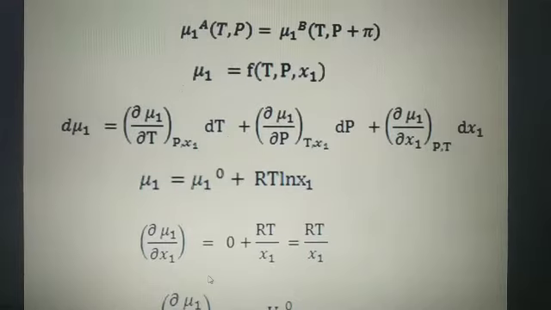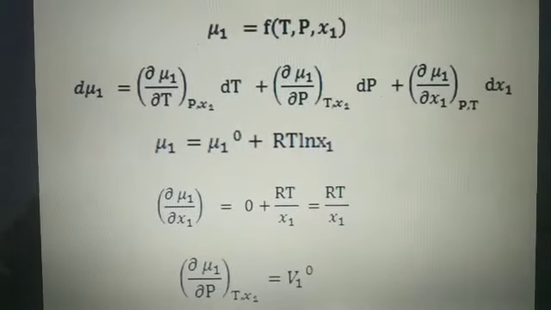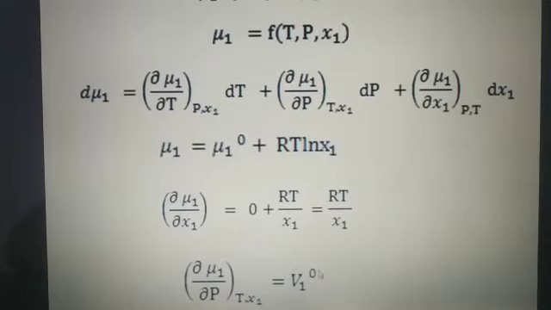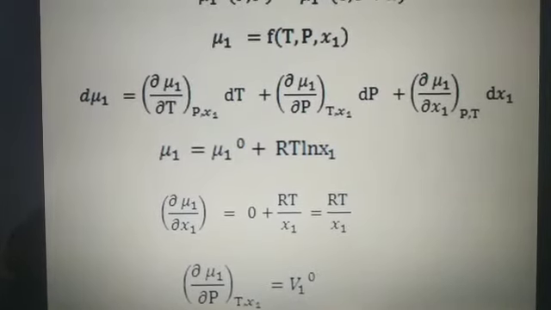And the differential of chemical potential with respect to pressure is equal to the partial molar volume. Here it is for the solvent only, so it is taken as V1 naught, the partial molar volume of the solvent, instead of writing a bar over it.